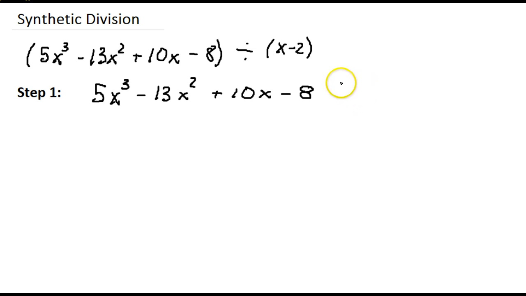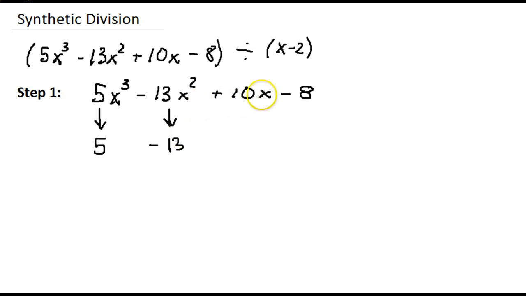Okay, so then that's step 1. And we need to actually pull down our coefficients. So underneath of that, our first term we have 5x cubed. So underneath that we write just the 5. Now we look at our second term. We have negative 13x squared. So we pull down that negative 13.